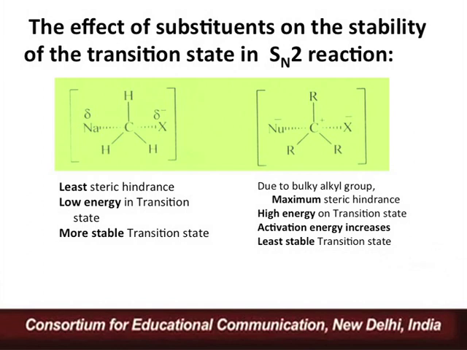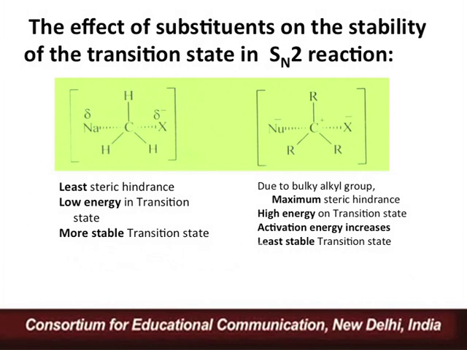In the case of a methyl halide, the hydrogen atoms will offer less resistance, that is, less repulsion to the incoming nucleophile, because they just have one electron in their first orbital. As a result, the nucleophile will be able to approach the carbon, and the energy of activation will be less. The energy of the transition state will also be low and it will be more stable.